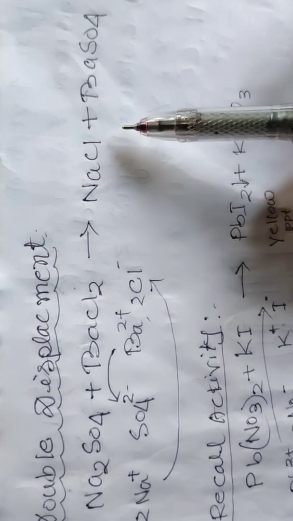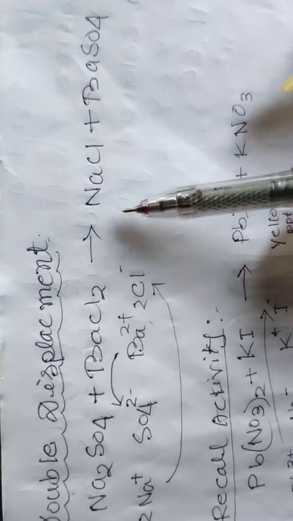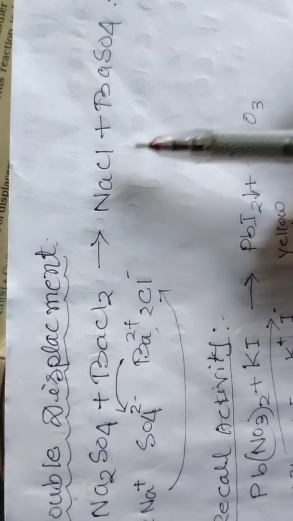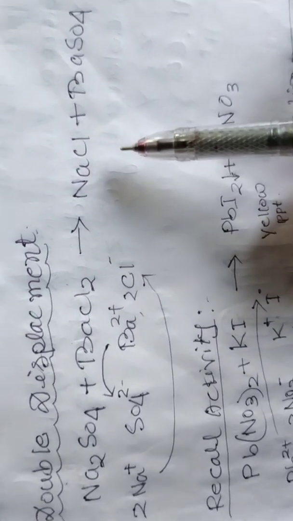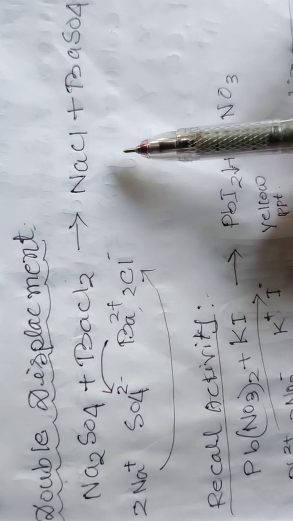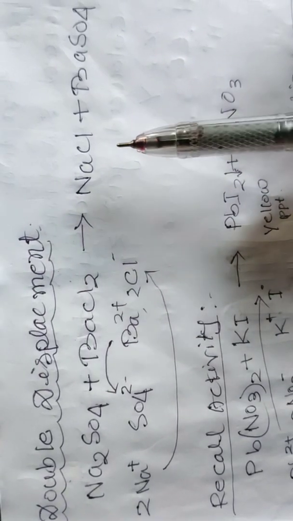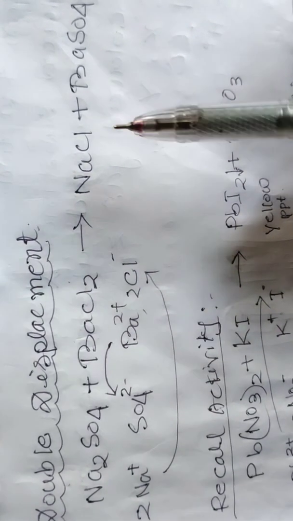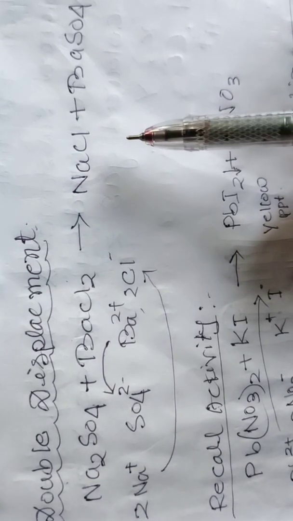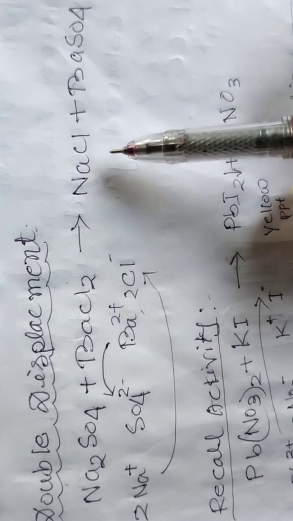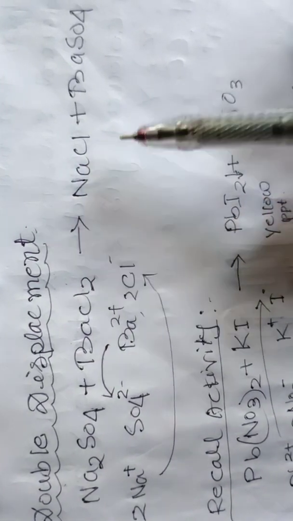So the question is what substances will be soluble in water and what will not be soluble. For that you have to memorize some compounds which are soluble and which are insoluble. Which one would be insoluble will precipitate in the solution.